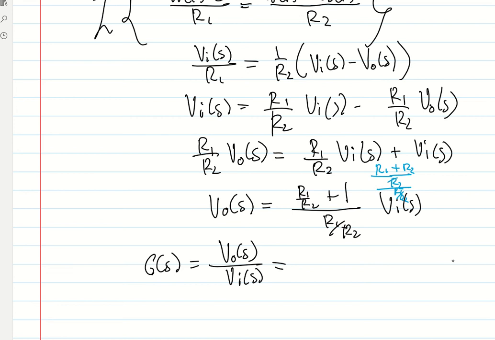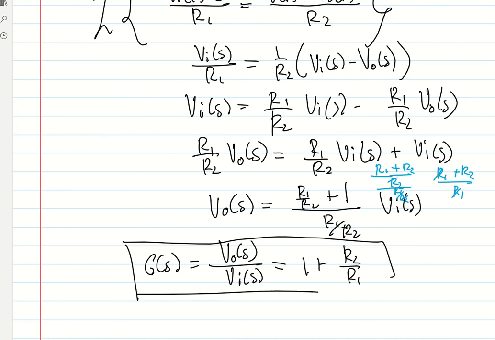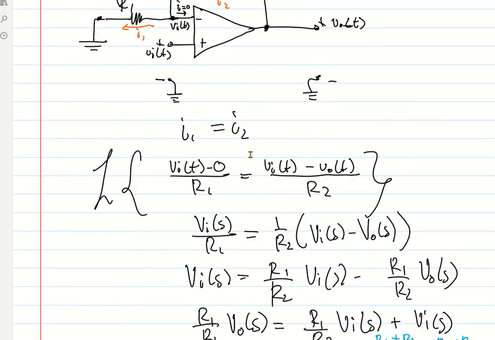And R2 will cancel out, so it should be R1 plus R2 over R1. So R1 over R2, R1 plus R2 over R1. If we divide, this will become 1, and it will become R2 over R1. So this is just 1 plus R2 over R1. So this is the transfer function of a non-inverting operational amplifier.